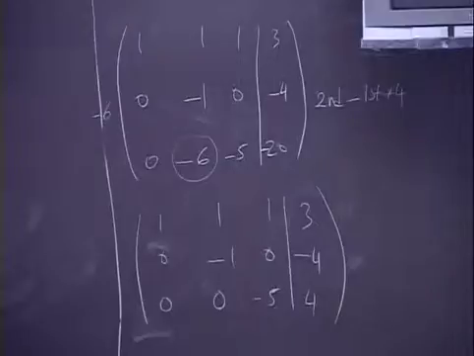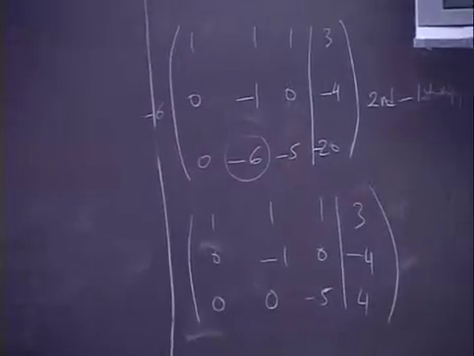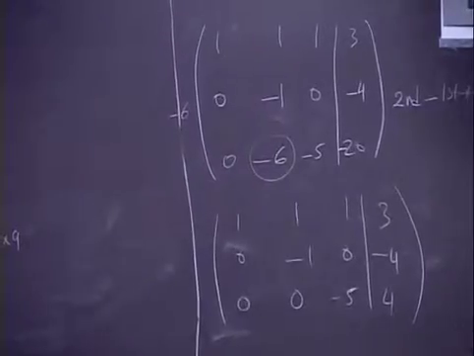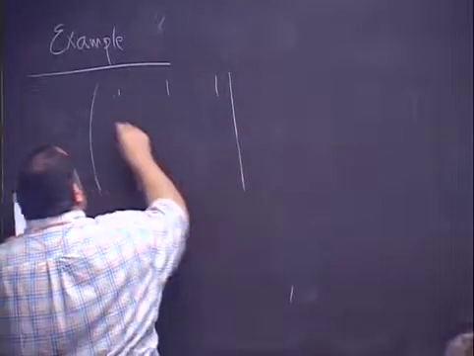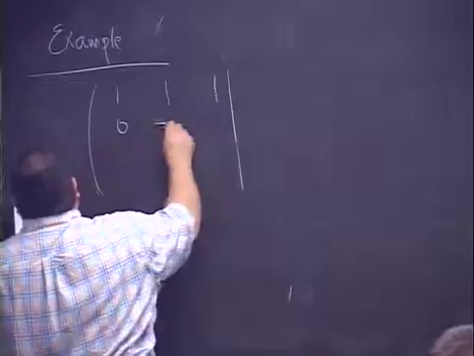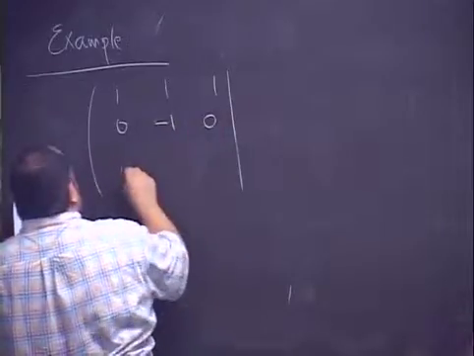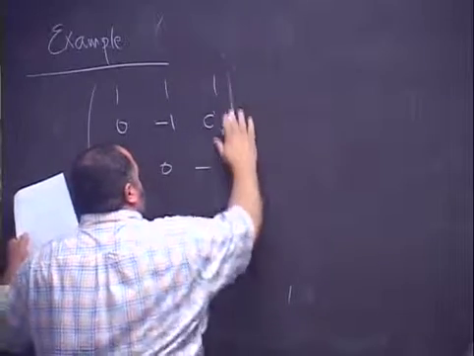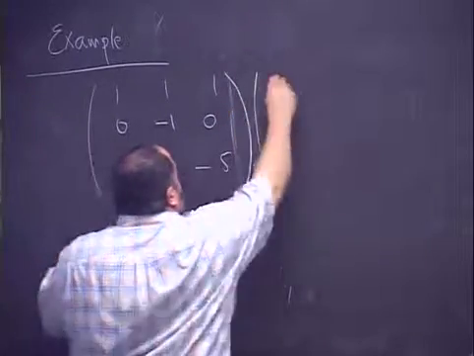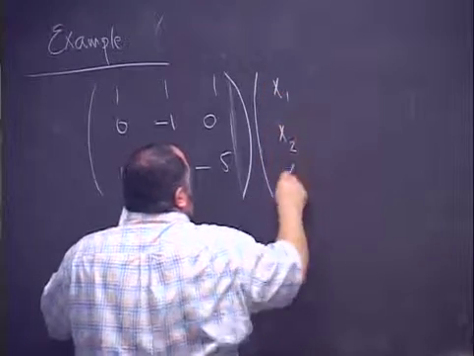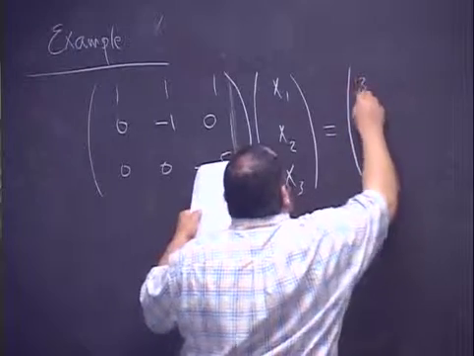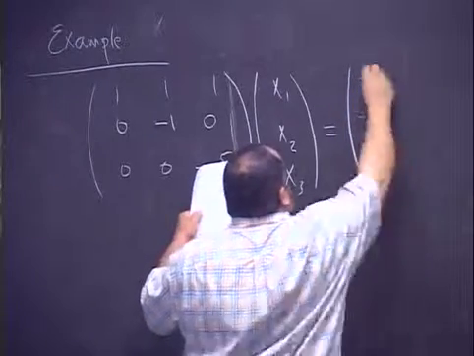It says that I was able to reduce a set of equations to just 1, 1, 1, 0, negative 1, 0, 0, 0, negative 5, multiplied by x1, x2, x3, and this is equal to 3, negative 4, and 4.